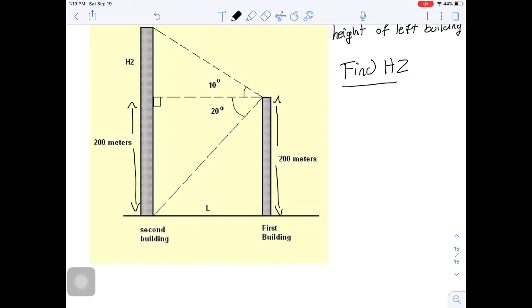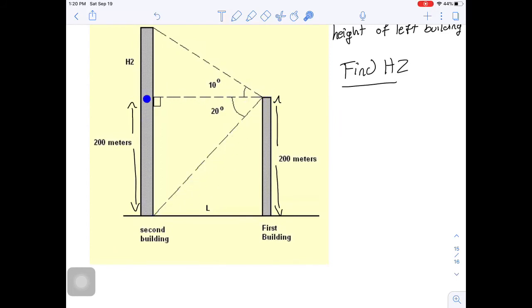Now, how do we find H2? Because we're not really given much here. In order to find H2, we at least need one of these side lengths, okay? If you have one of these side lengths and an angle, you can solve this whole triangle. Now, looking at this, I notice that this side length is shared by this triangle.